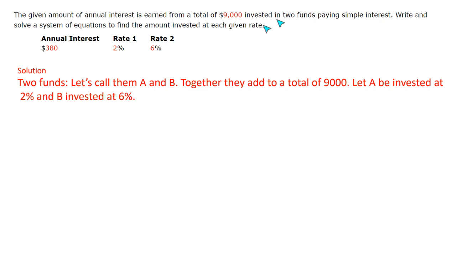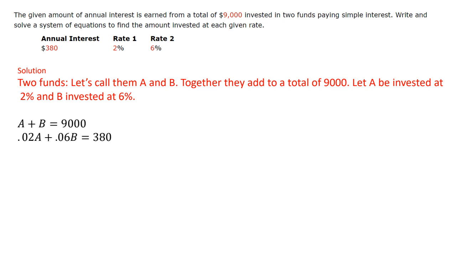So they tell us that we have 2 funds, but we don't know what these funds are called. So we can go ahead and call them A and B, or X and Y, whatever you want to use. And so all we know about the 2 funds is that if we add them together, they're going to give us $9,000. Okay, so we can come up with an equation for that.